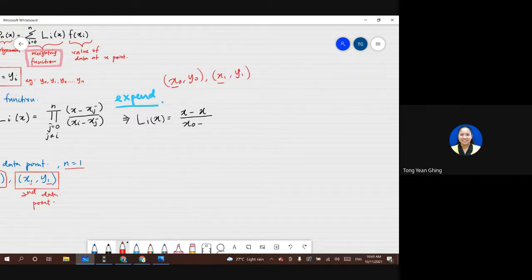So the i cannot be the same as j. So this one will be x1, times this one, which is the same. And then x minus x naught, and x1 minus x naught, like this.